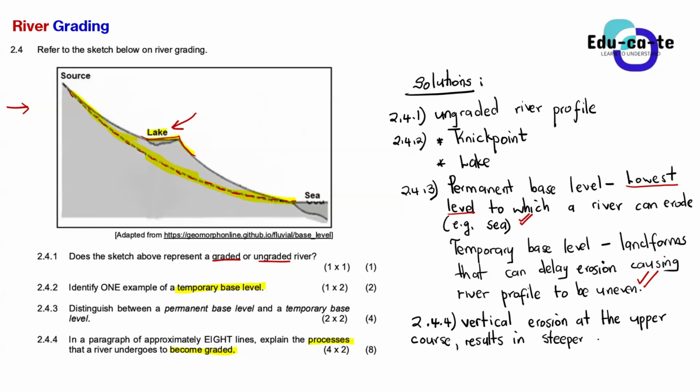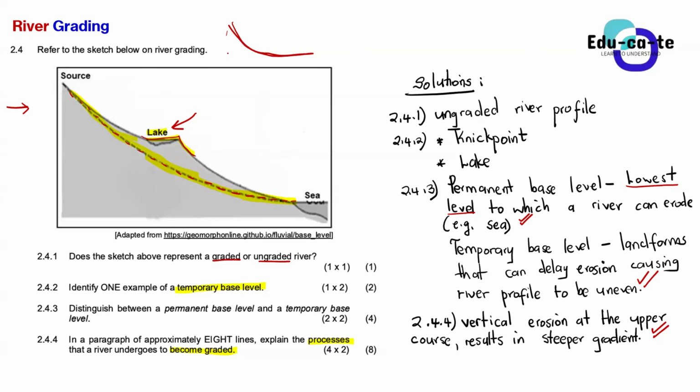Okay. Steeper gradient, because remember, whatever answer we are giving here, we want to explain how we end up having a graded river profile. Simply meaning, how do we end up having a steep gradient at the upper course, a gradual gradient at the middle course, and a gentle gradient at the lower course? How do we end up having all of those three together?